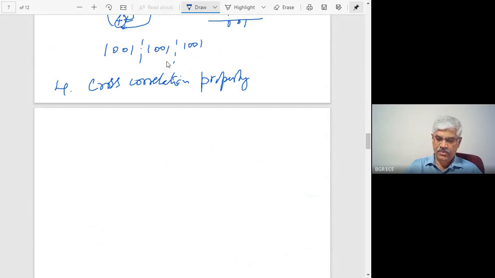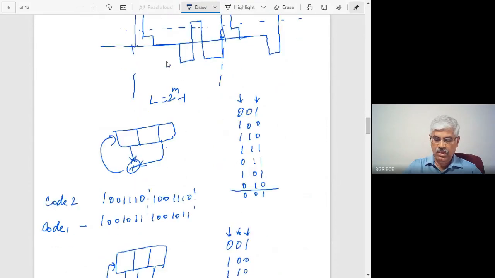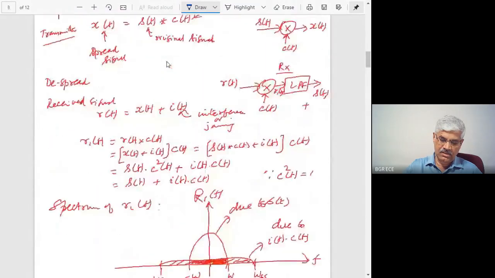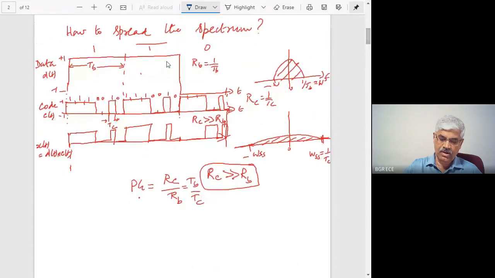So it looks very simple, but the applications and the properties that are built into this are really mind-boggling. When I took an example of a code, I just very casually considered one particular code, but the properties this particular code sequence has to satisfy are very significant.